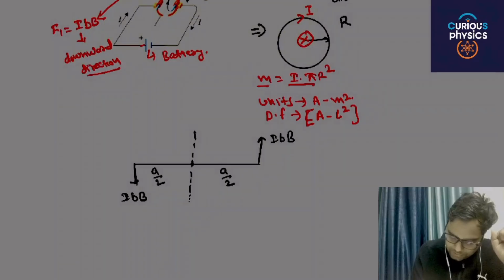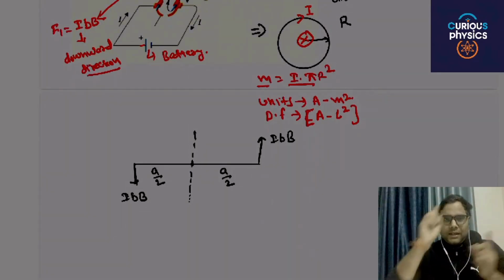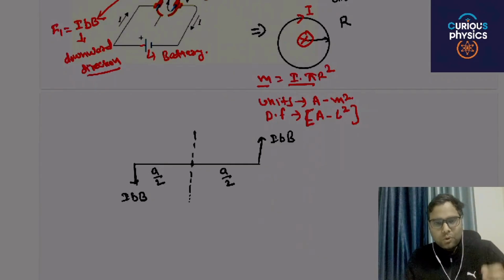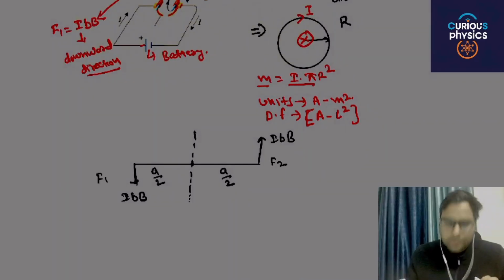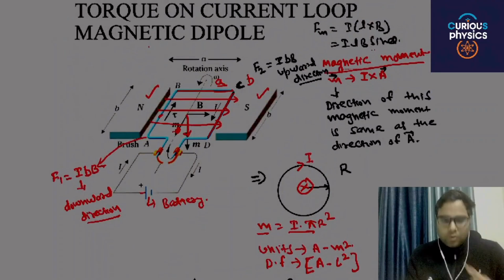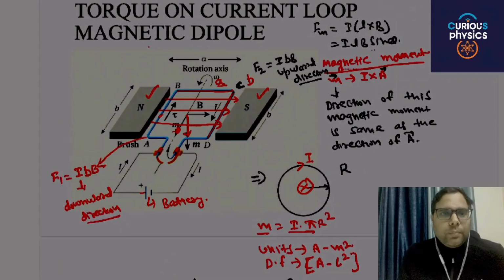This is F1 and this is F2. Are you able to understand my point or not? So this particular loop will rotate in this direction. Are you able to get my point or not?